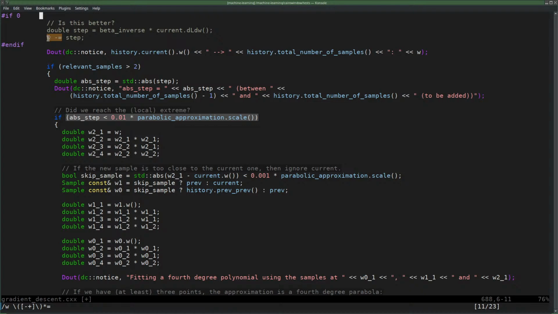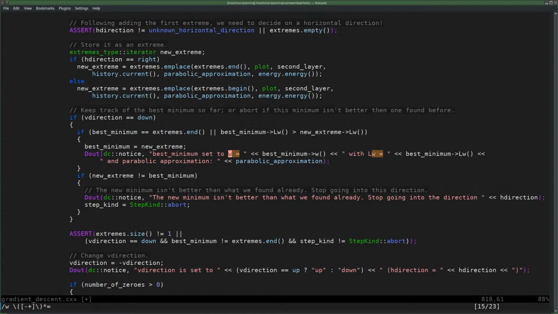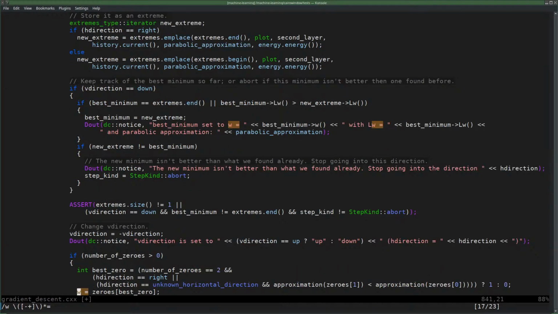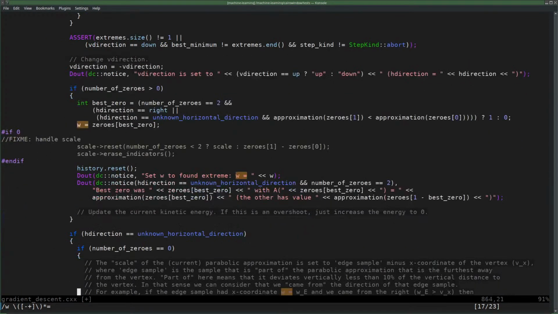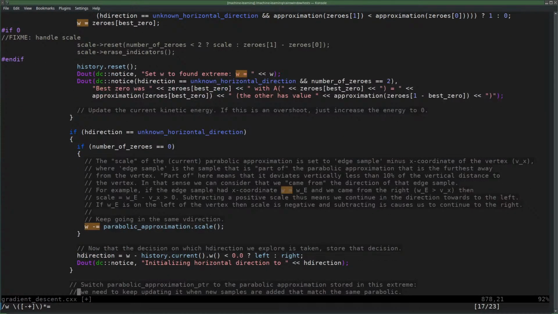So W is more or less the same as the W value. Even after this, it's more or less the same as the W value of current. But not exactly. So that is not correct then. I'd rather do it exactly. So this is not correct then.